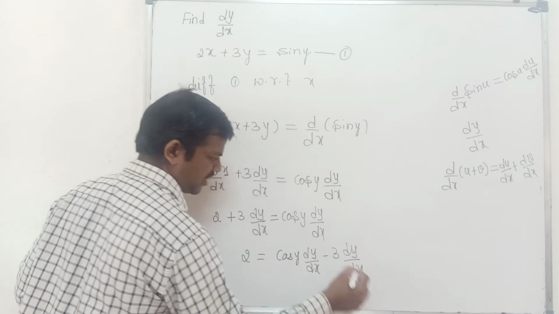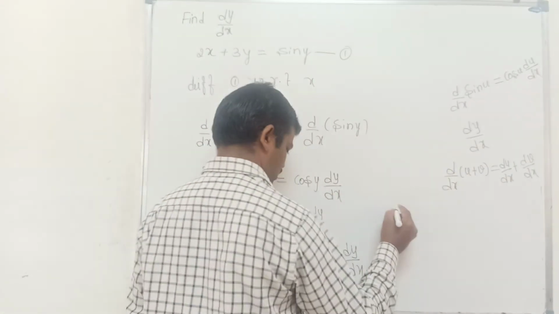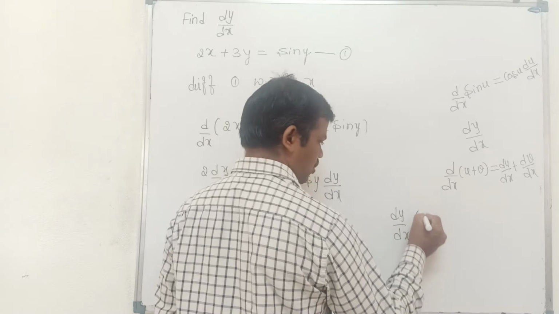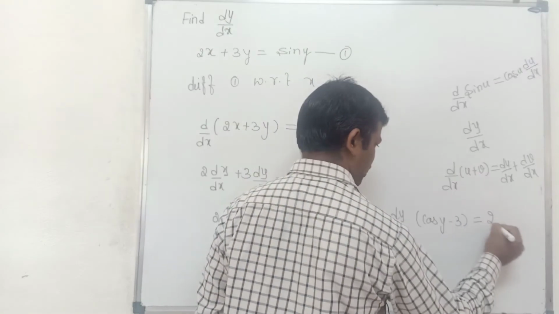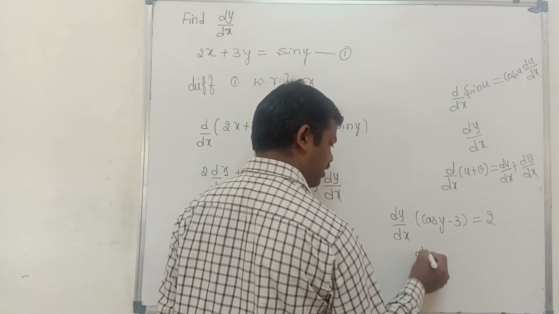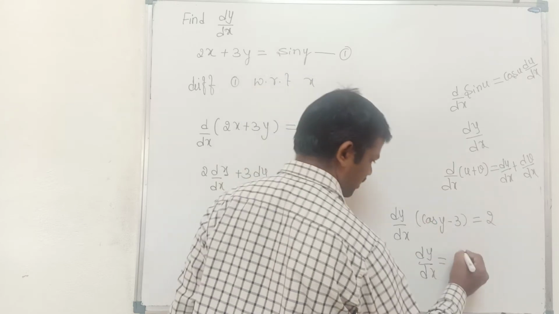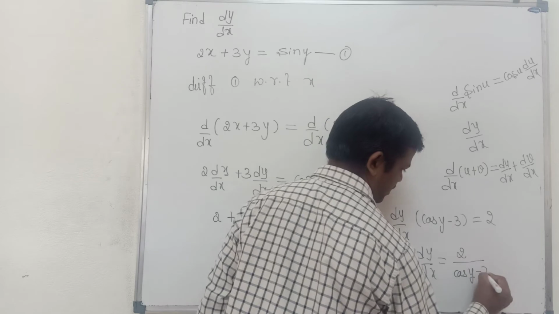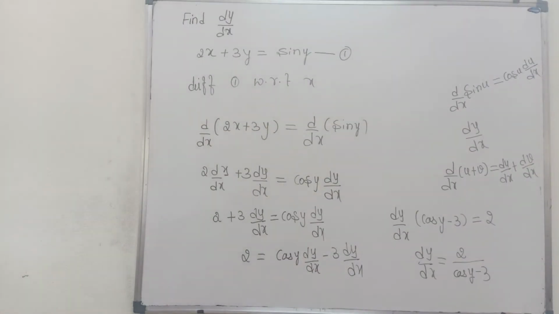We needed dy by dx, so take it common. dy by dx times cos y minus 3 is equal to 2. So dy by dx is equal to 2 divided by cos y minus 3. Cos y minus 3 in the denominator is the derivative of the given function.